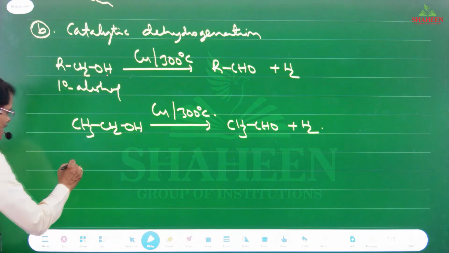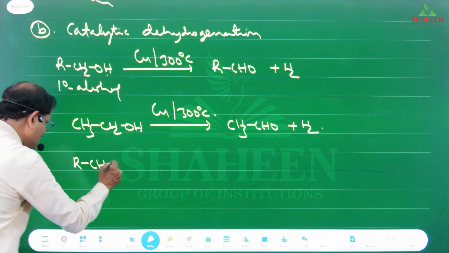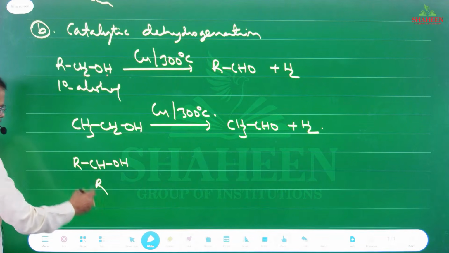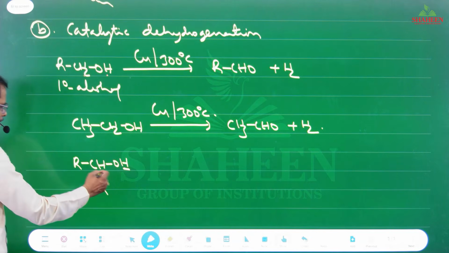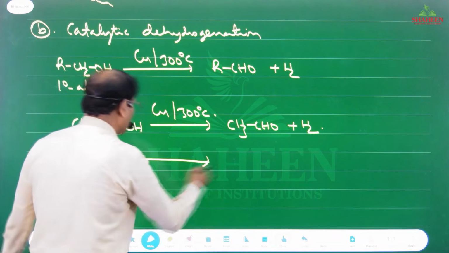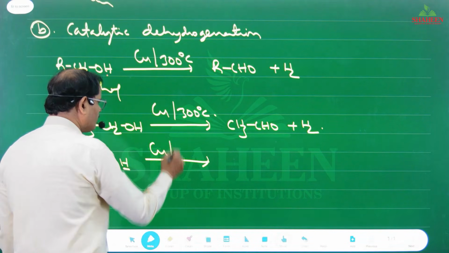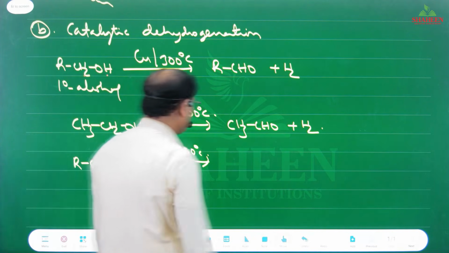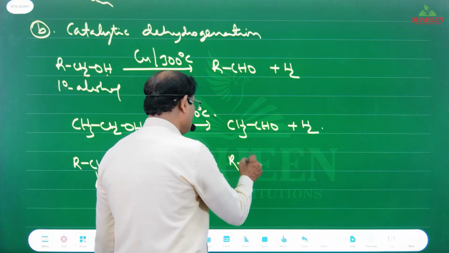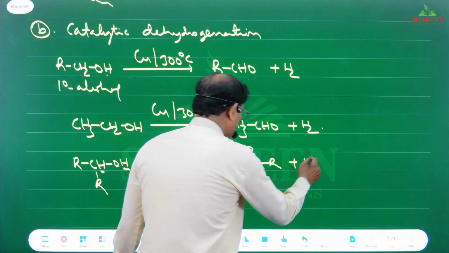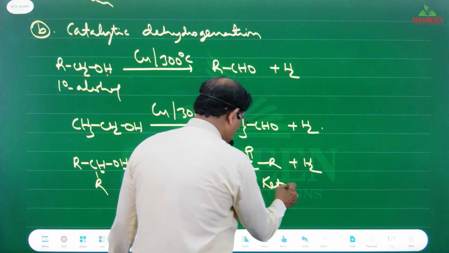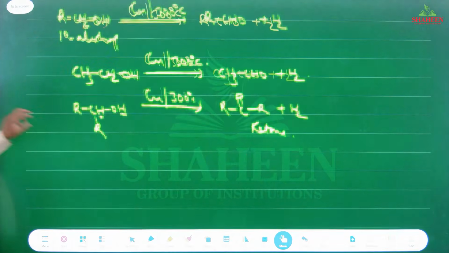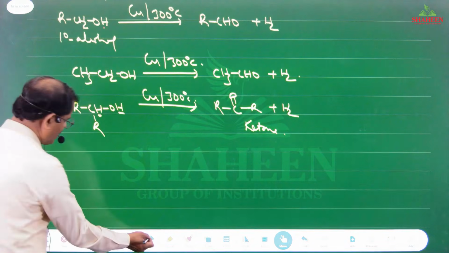Similarly, if we take secondary alcohols, R2CHOH, hydrogen is removed from the carbon and oxygen atoms and a pi bond forms between carbon and oxygen, and we get a ketone as the product. In this reaction, primary alcohols give aldehydes and secondary alcohols give ketones.